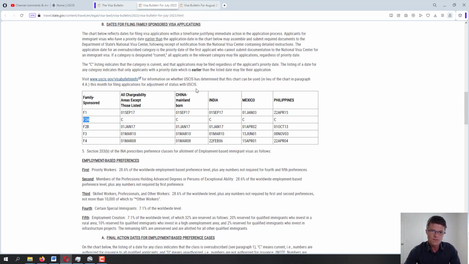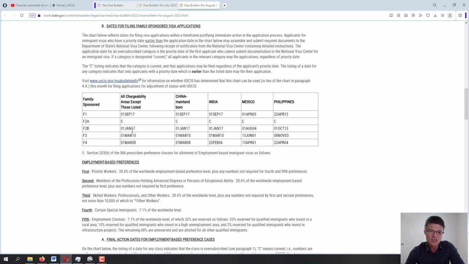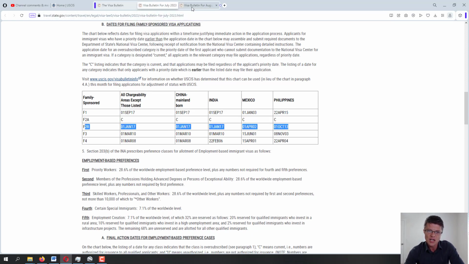Okay, so moving further to F2B now. Right here, let me highlight this. This is F2B July 2023. So we got January 1st, 2017, still January 1st, 2017 in the August 2023 Visa Bulletin. So no change there. For China, no change. For India, no change.